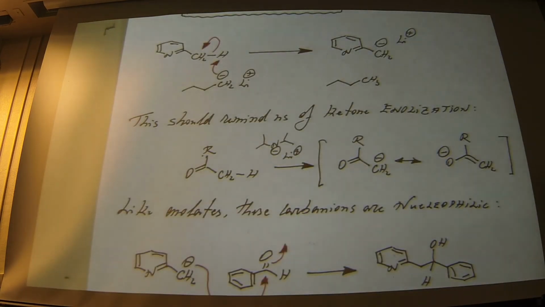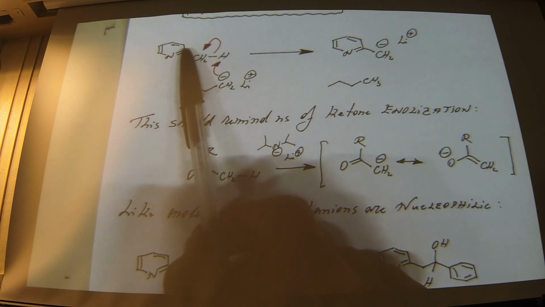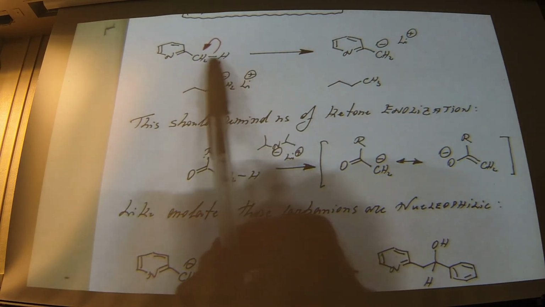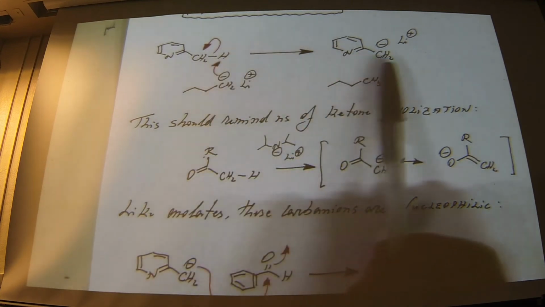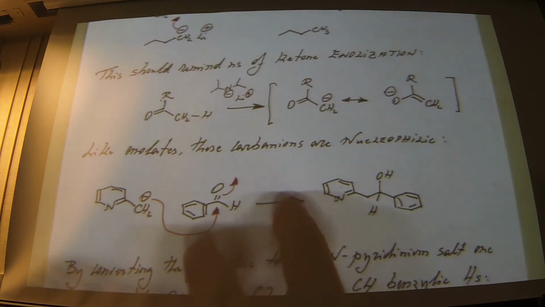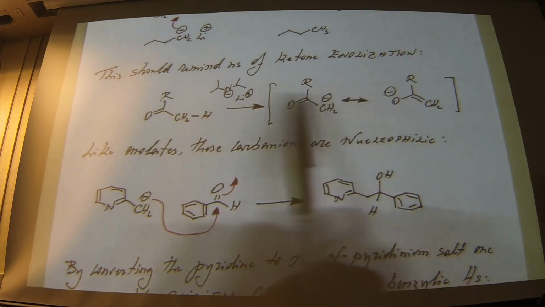Okay, so that is different, right? Because the electrophilicity of this carbon atom is not nearly as high as a ketone, and so I can use butyllithium to pull that proton off. And so this now is a very good nucleophile, and it should remind us of enolization. There's LDA again, pulling that proton. Why LDA?